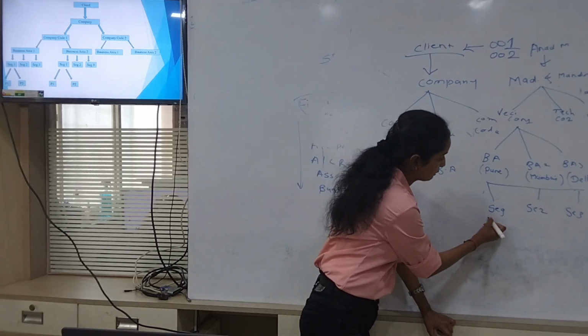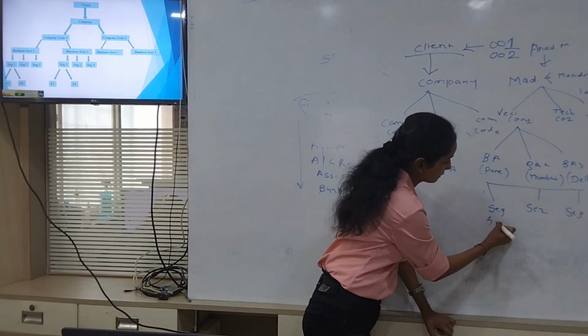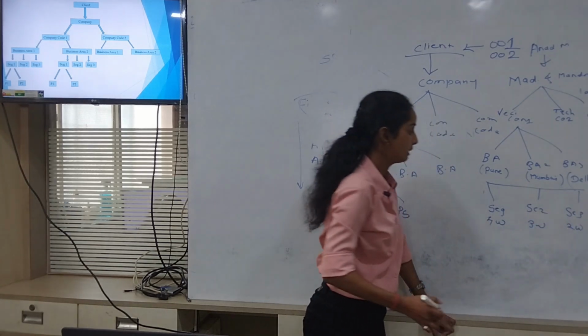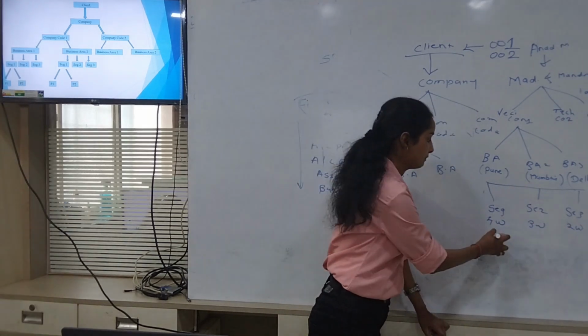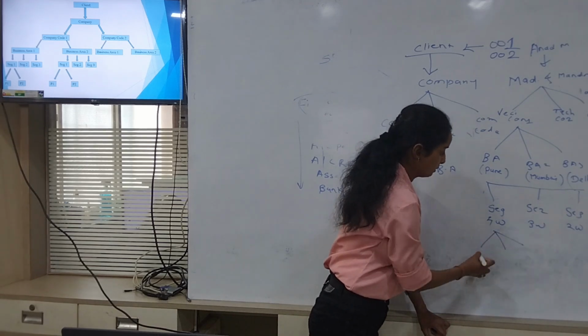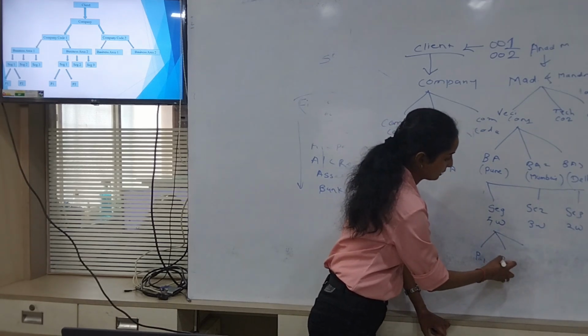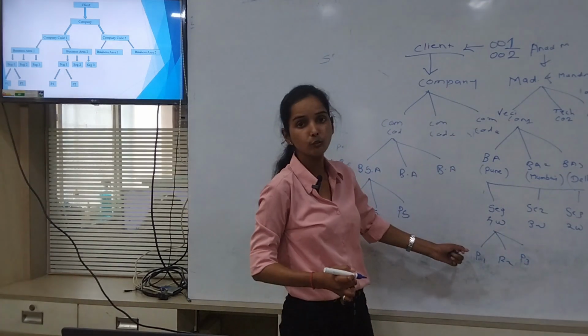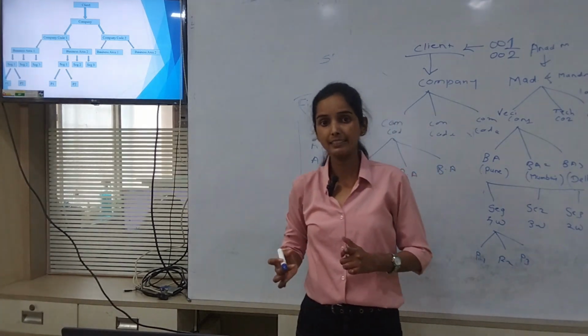For example, segment 1 is about 4-wheelers, then 3-wheelers and 2-wheelers. The 4-wheelers are divided into different profit centers: profit center 1, profit center 2, profit center 3. We are going to do all these things in the SAP system.